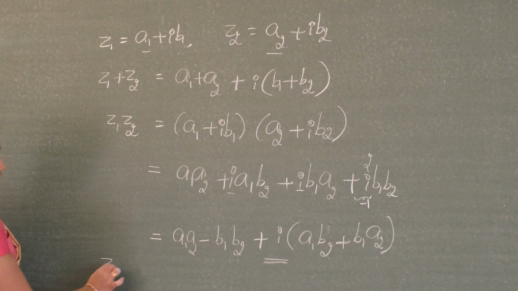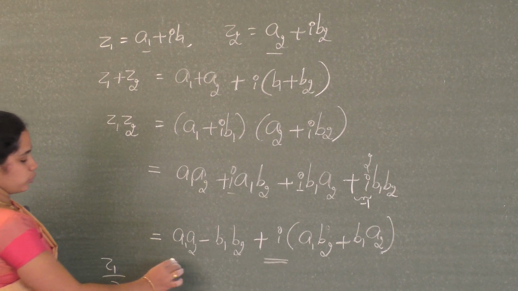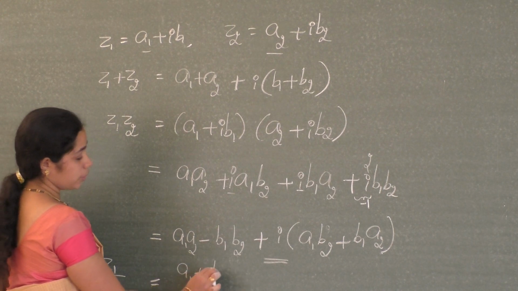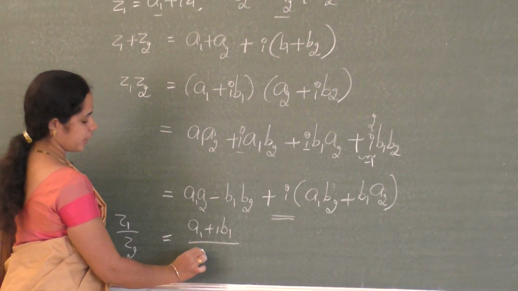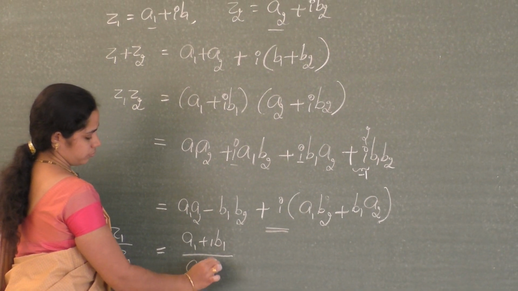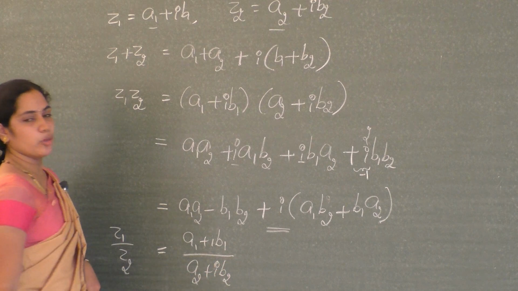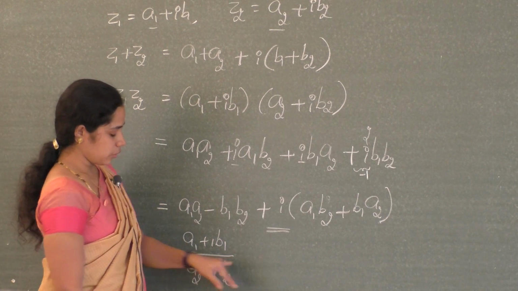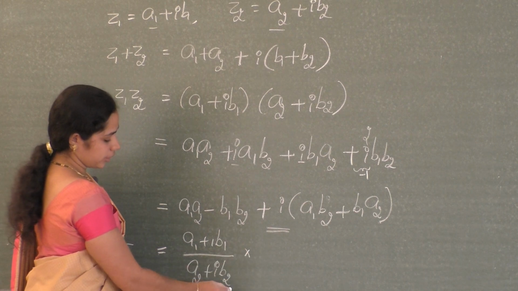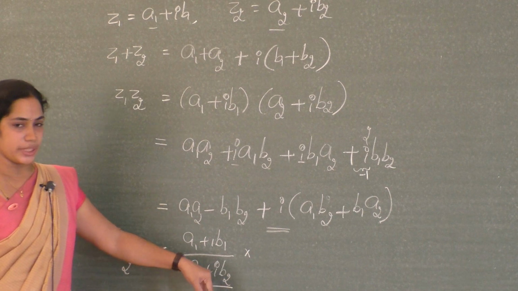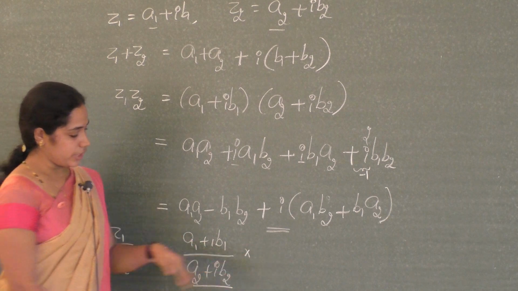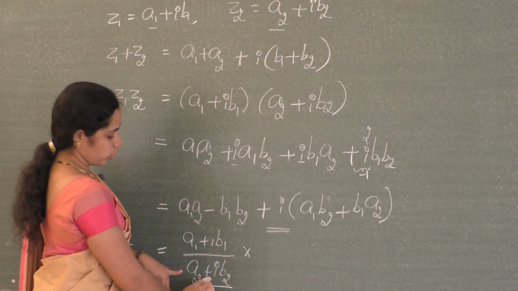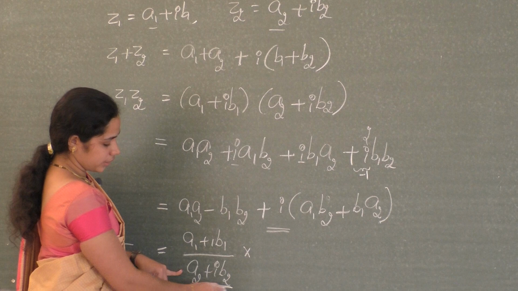Next one is division. z1 by z2, a1 plus ib1 divided by a2 plus ib2. Here, if you want to divide two complex numbers, we have to multiply and divide by the conjugate of the denominator.